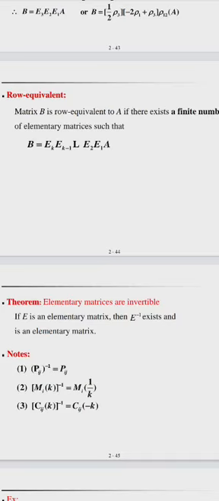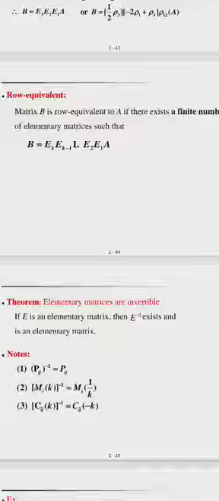Theorem: elementary matrices are invertible. If E is an elementary matrix, then E inverse exists and is an elementary matrix. For any elementary matrix E, we can prove that E inverse exists and it is an elementary matrix.